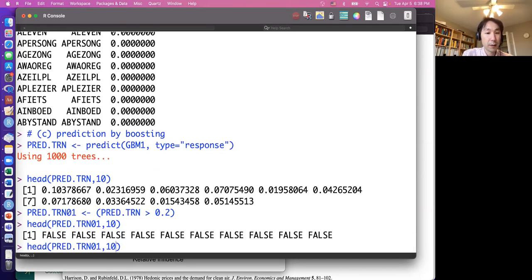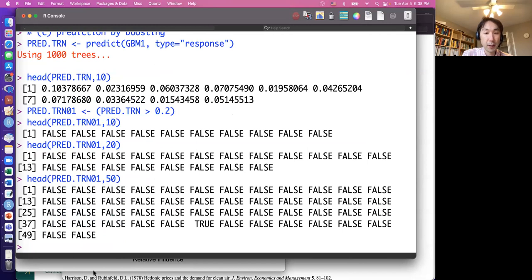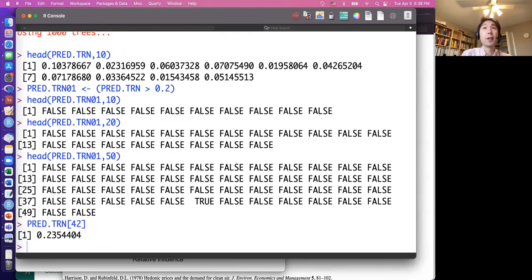But if we look at 50 observations, maybe this person is more likely to buy than another person, with 37, 40, 42. So only a 23% probability to buy the product, but at least more likely than other customers.